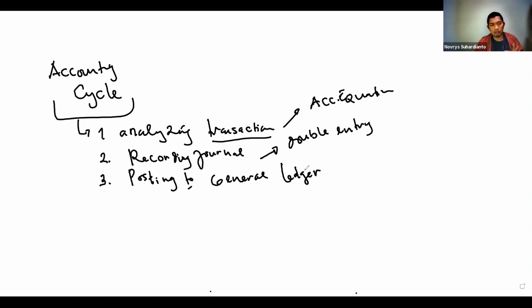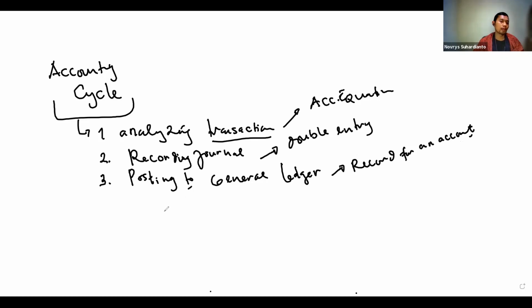And you did it manually through the assignment I gave last week. You know that the general ledger is actually a record for a single account, right?